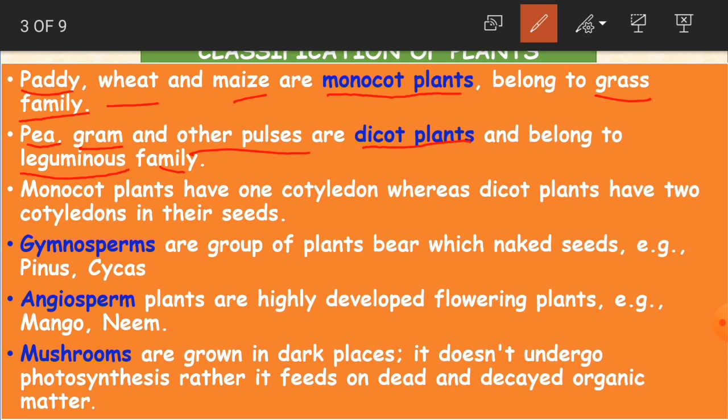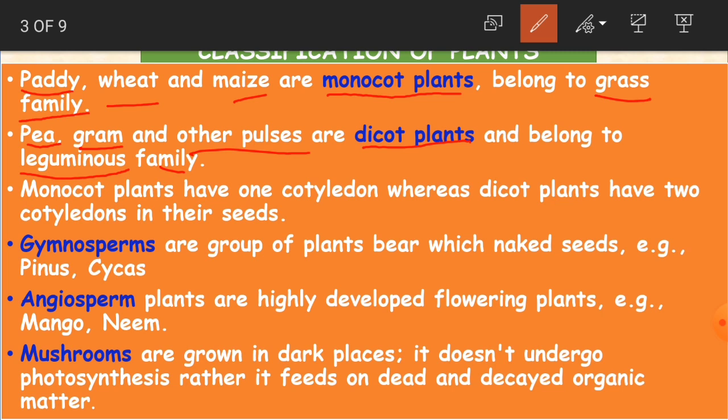Pods, children, what do you mean by pod? It is a long green part of the plant inside which you can see the seeds. For example, if you see a pea plant, where do you get, like we call it batani? You can see those seeds inside a long green type of leaf.